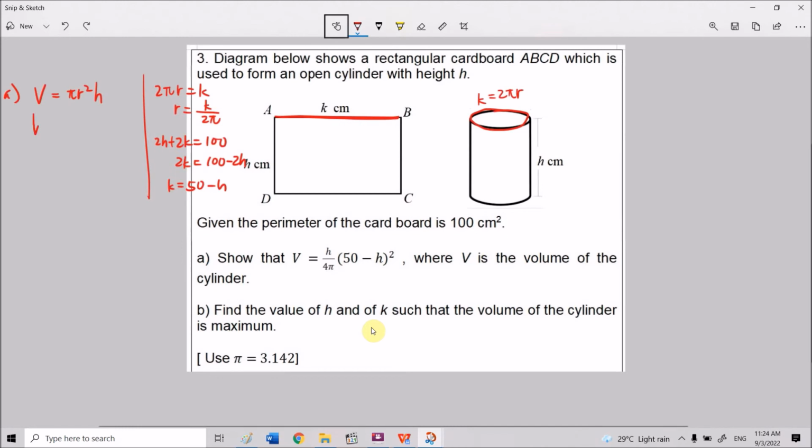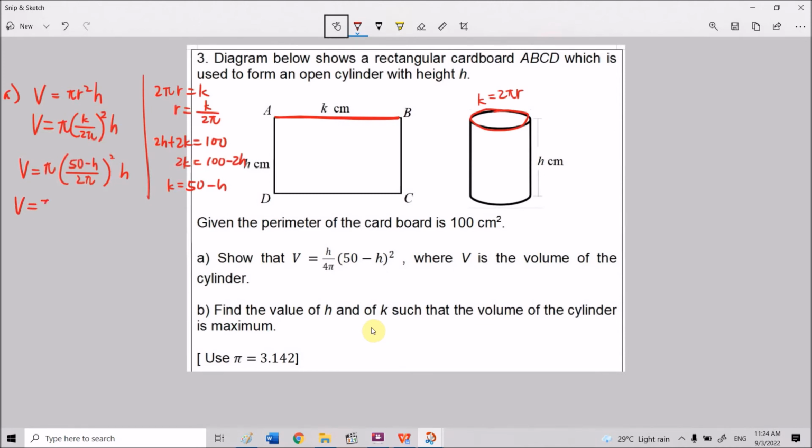Okay, so here V equals pi r squared. R is given as k over 2 pi. Yeah, r is this. And then the k here, we can substitute with 50 minus h. And now we have V in terms of h. We only have to simplify and factorize this in order to show this.